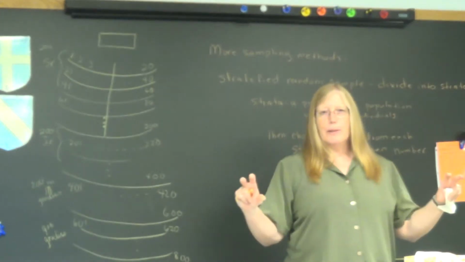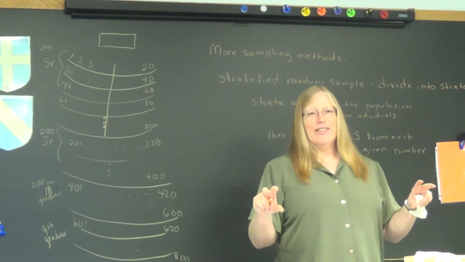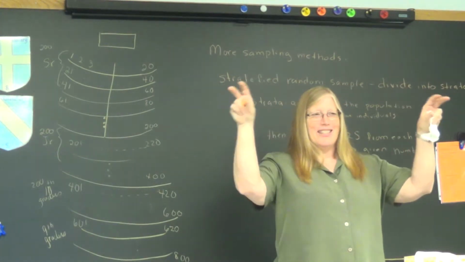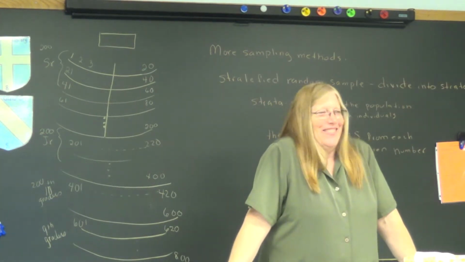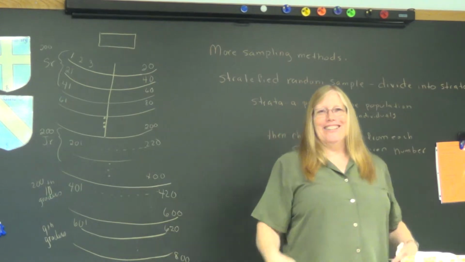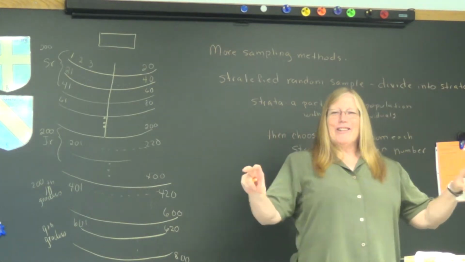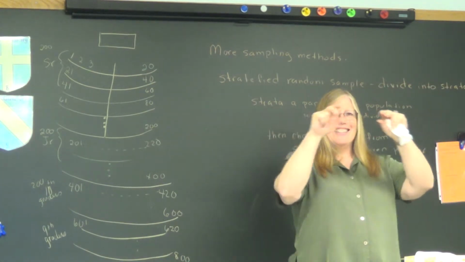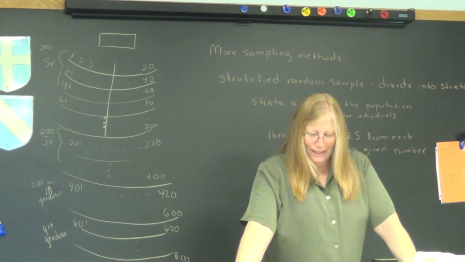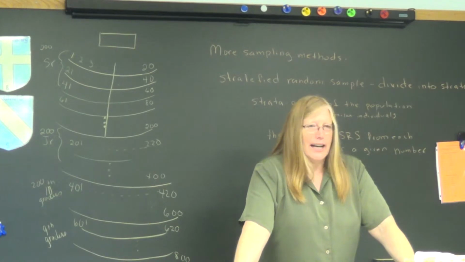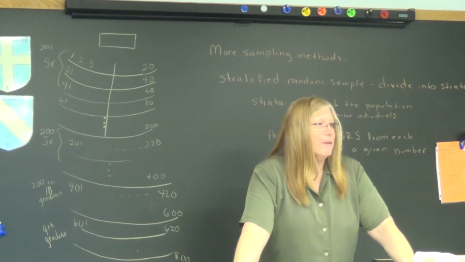So we have freshmen, they're all like each other, but they're very different from seniors, at least in your viewpoint. From my viewpoint, they don't look that different, but from your viewpoint, they look hugely different. So 9th graders, 10th graders, 11th graders, and 12th graders. That's an example of a stratified population.